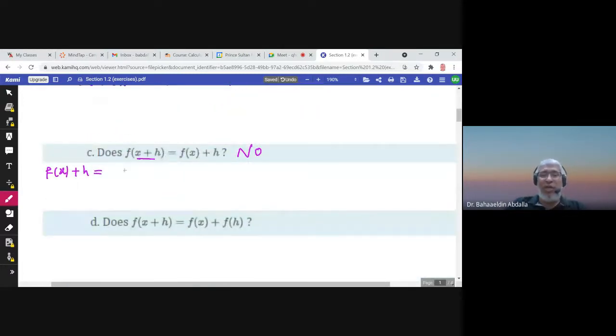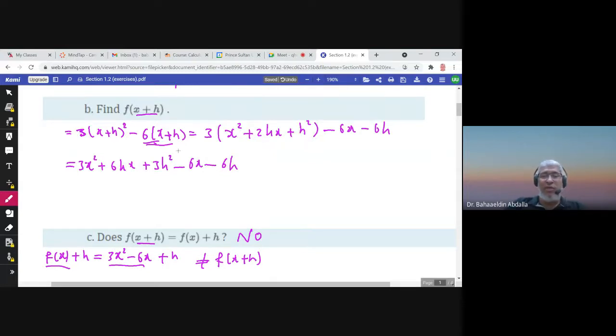3x squared minus 6x. This is f of x. And then I write it plus h. So this would be f of x, plus h. It is not equal to f of x plus h, the one we found here. This is from inside, this is from outside.